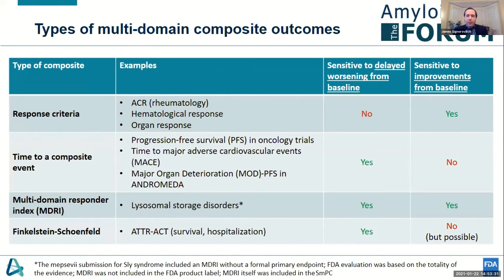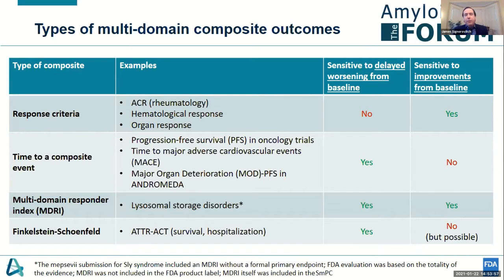So with those enabling decisions and focus areas, we can now start creating some candidate composite outcomes for AL. And as I mentioned at the beginning of the workshop, there's different kinds of composite outcomes, and they all have different pluses and minuses.